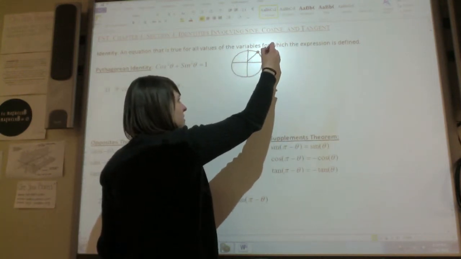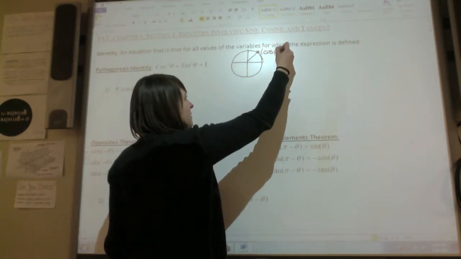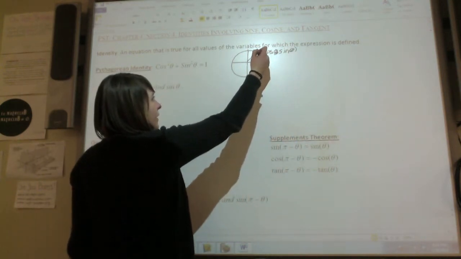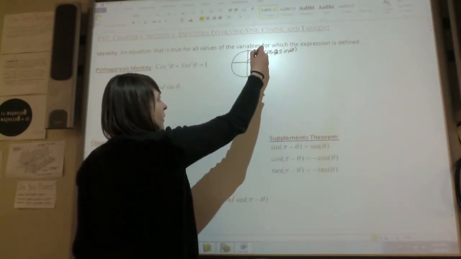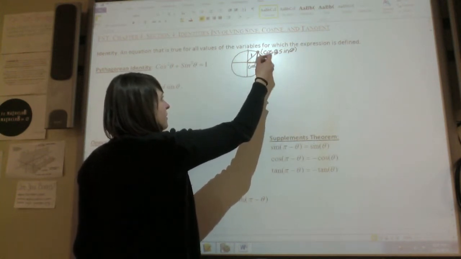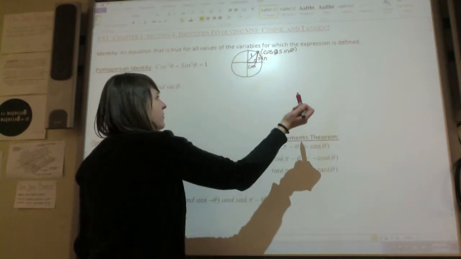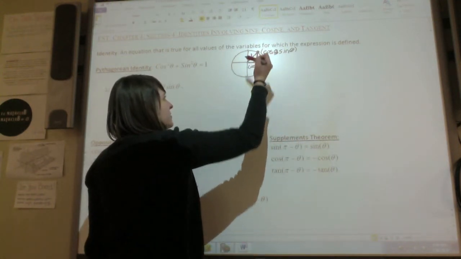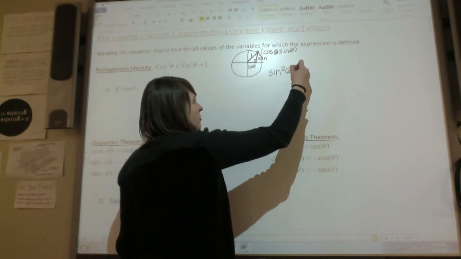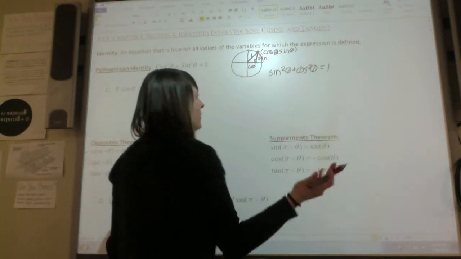This point here is going to be cosine theta, comma, sine theta, where this side is 1. So my x value is cosine, my y value is sine. Well, this creates a right triangle where my hypotenuse is 1. So that shows me that sine squared theta plus cosine squared theta equals 1, according to the Pythagorean theorem.